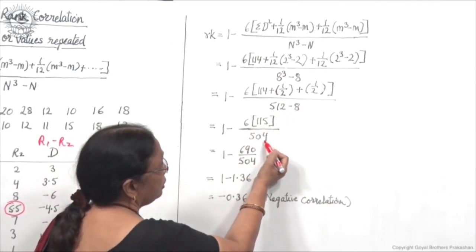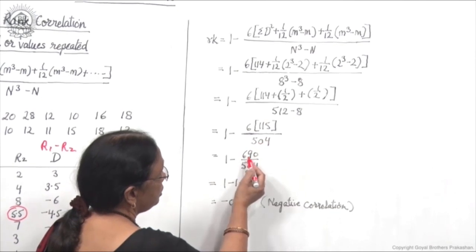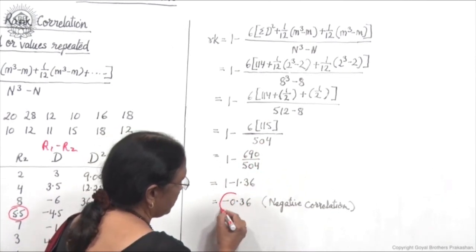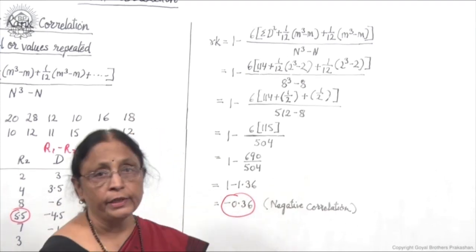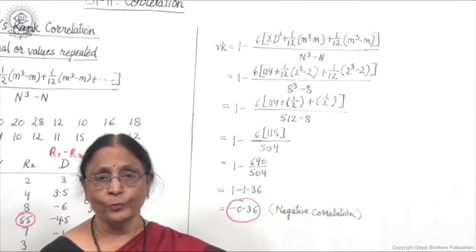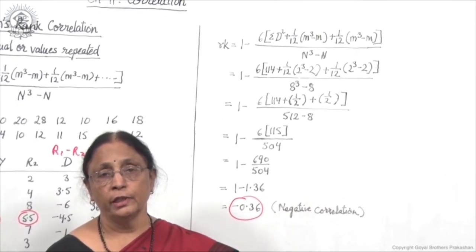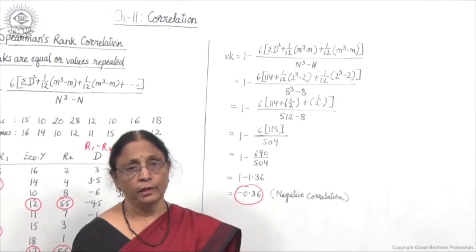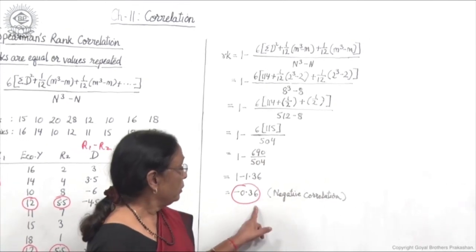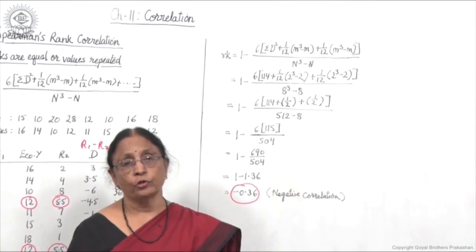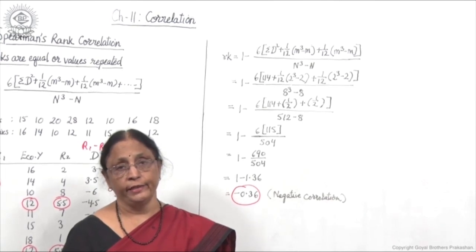Further simplification, when you are doing the calculations, move step by step and you get this answer, minus 0.36. What does it show? Here it shows negative correlation, right. That means the correlation between the marks of statistics and marks of economics is negative.